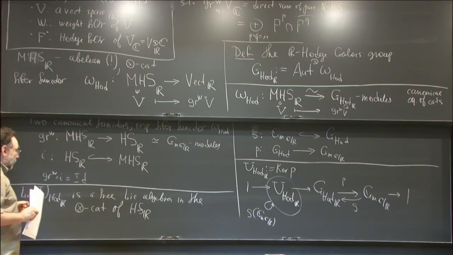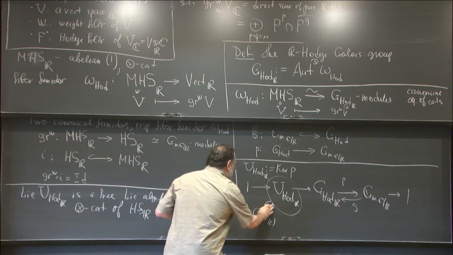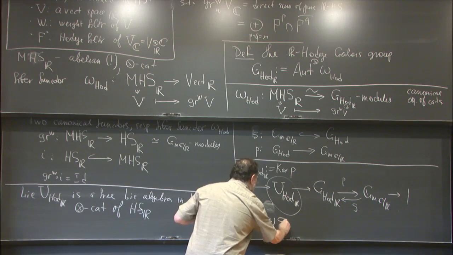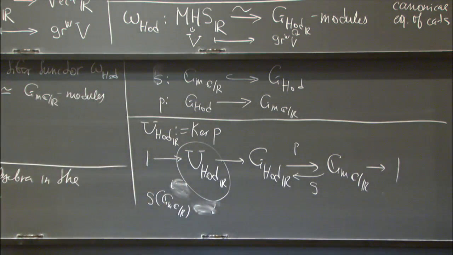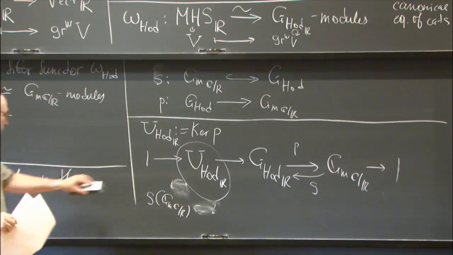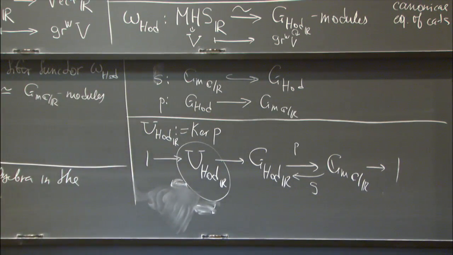But what I really need is that S of G_m, C mod R acts on this Lie algebra, so it's a Hodge structure. And the commutator is compatible, so it's a Lie algebra in the tensor category of Hodge structures. And it's a free Lie algebra because there's no Ext2 and higher in this category.